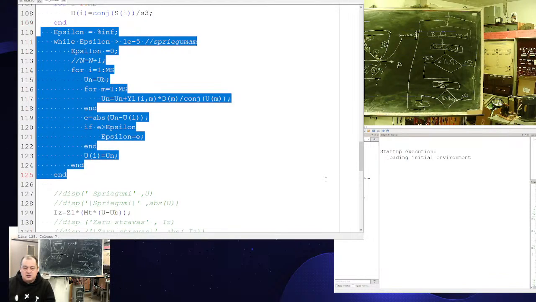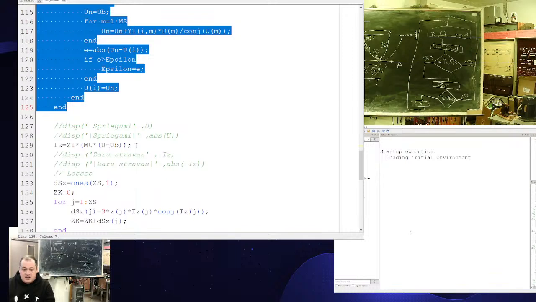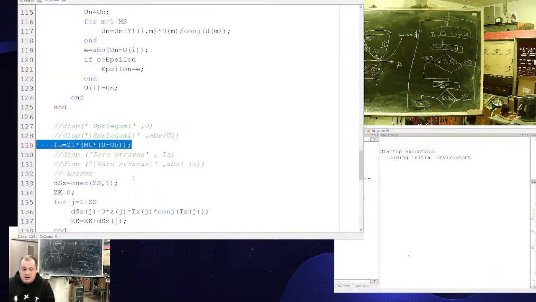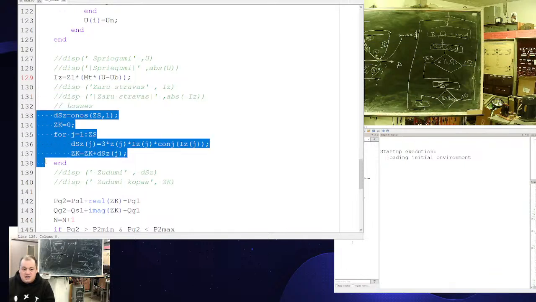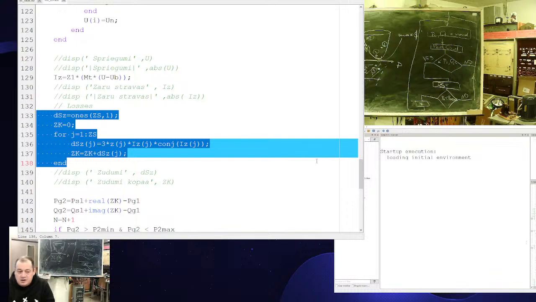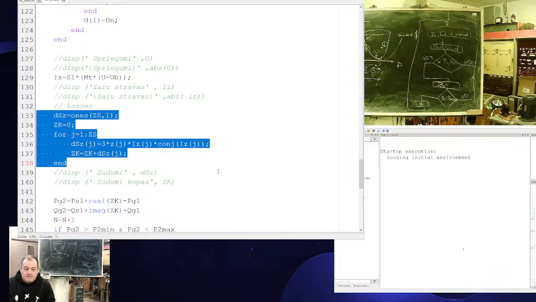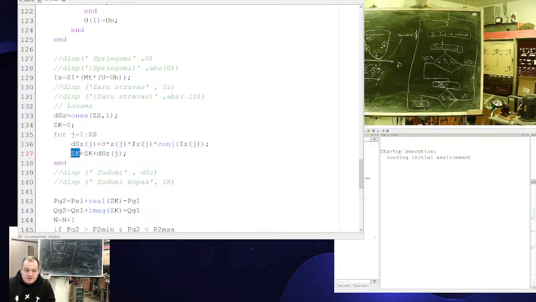We already saw it, it's a solution of the nodal voltage system with the inverse matrix technique. I will get branch currents. I'm not interested in power for RST. I need this part, the calculation of line losses. I need this, that means the copper total losses of the network.